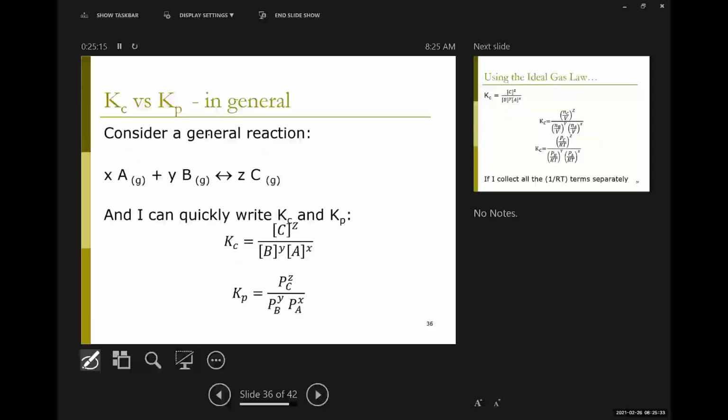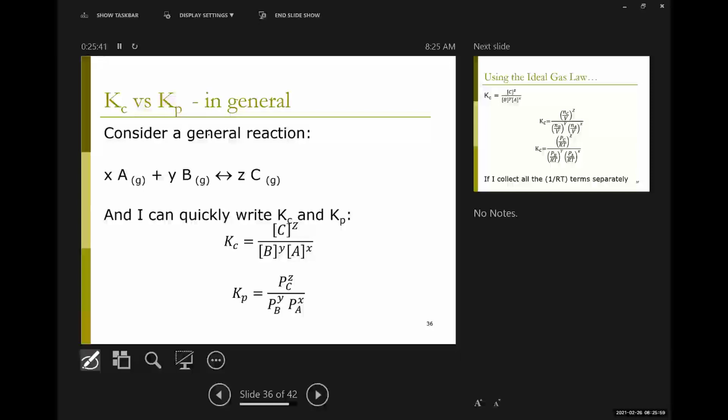You may hate this, but I don't hold you responsible for derivations. But here it is, if you speak algebra and like to speak algebra. If I took a generic gas phase reaction that had multiple gases, my Kc and Kp are a combination of all of the gases present.